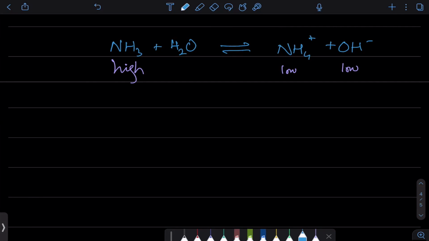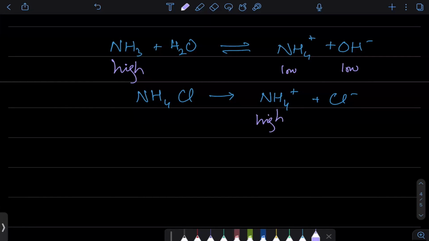At the same time, let's say I add ammonium chloride into the solution. This is going to break down, and the extent of ionization is highly towards the right, so much so that I can simply write ammonium and Cl minus. This is going to be really high because ammonium chloride dissolves a lot, and it is a strong source of ammonium.